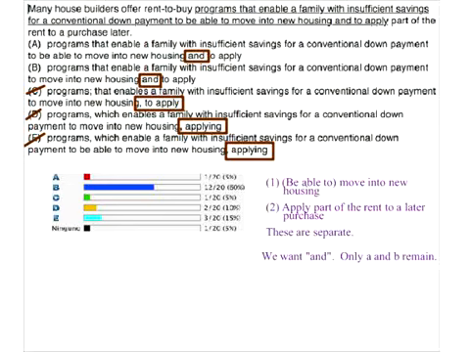Maybe we can smash out another problem here. This says enable, and this says to be able. So that is one of the most redundant things I've seen in a long time. You can't enable someone to be able to do something. You can allow, you can make them able to, or you can enable them, but not both. So A is redundant.